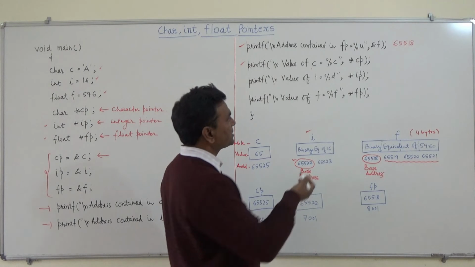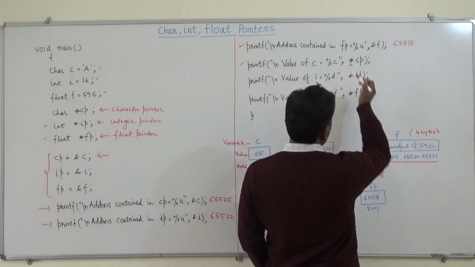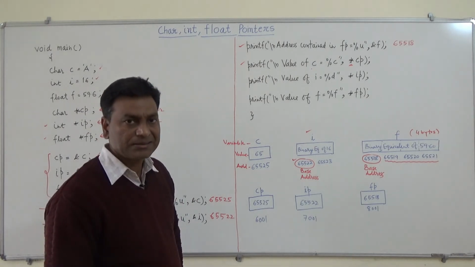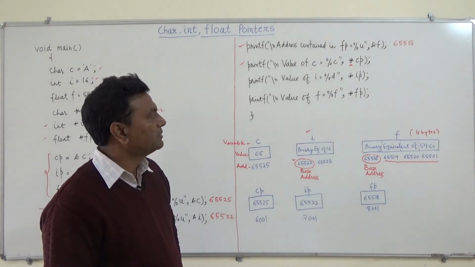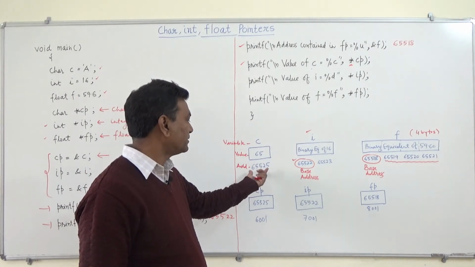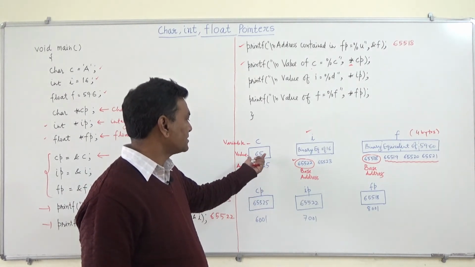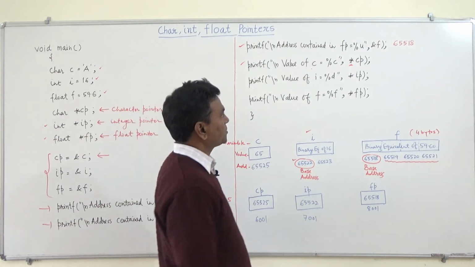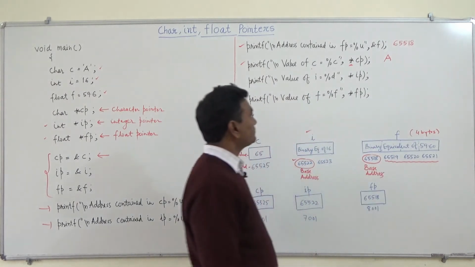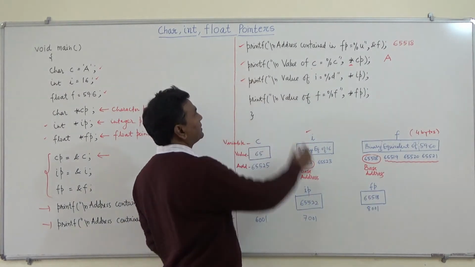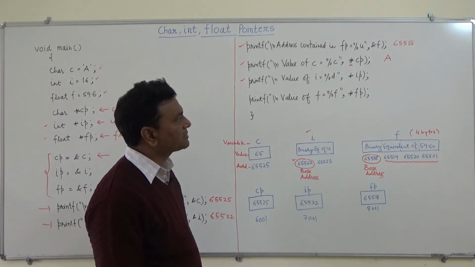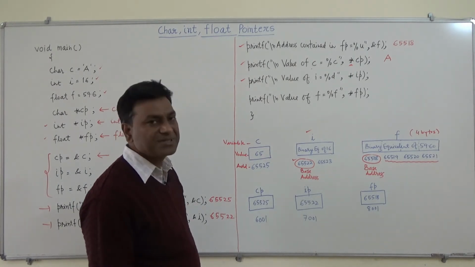Again here we are using the value at address operator, where CP is the address of the character C, and the value at this address is A. So it will print A. Now in the next statement we want to print the value of I. This is an integer and its value is 16.